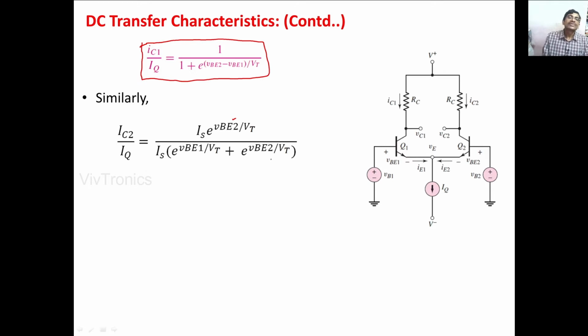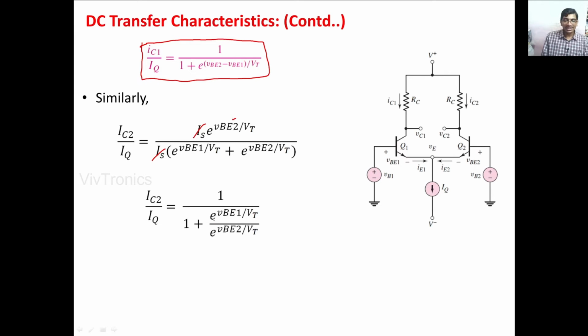If we divide the numerator and denominator with e power VBE2 by Vt, then the equation will be reduced. Here Is and Is will get cancelled, and after dividing we get IC2 divided by IQ as 1 by 1 plus e power VBE1 by Vt divided by e power VBE2 by Vt.